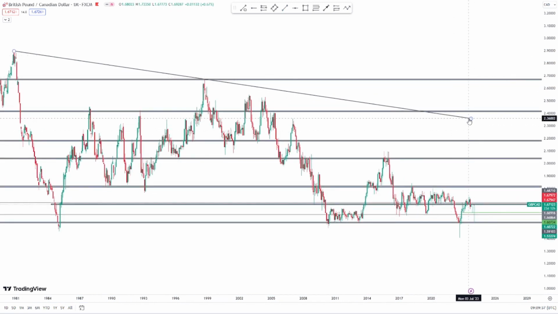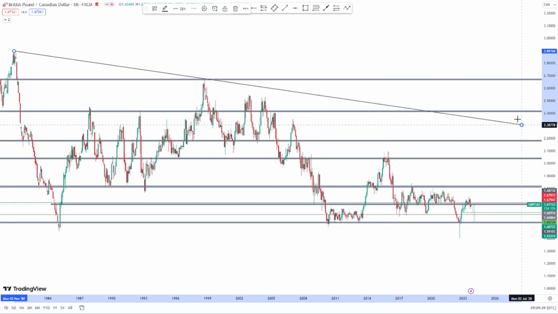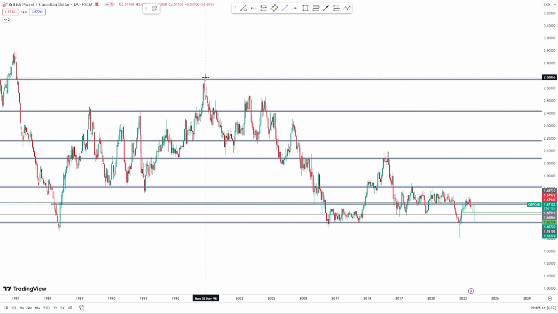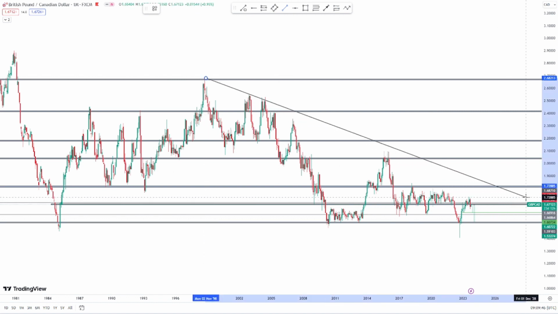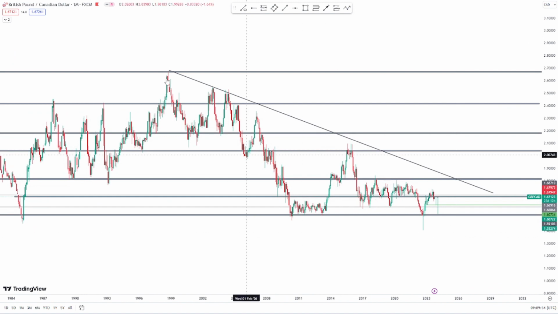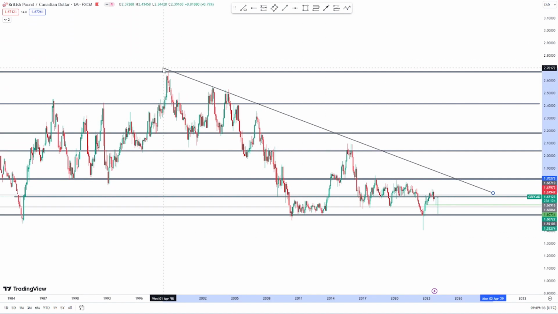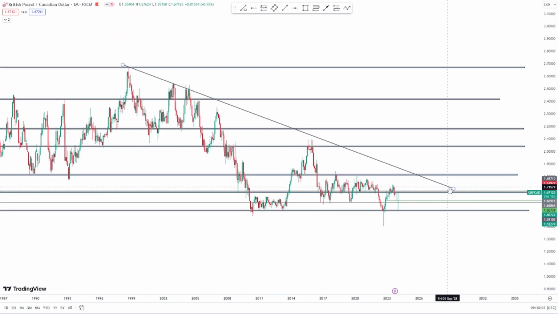The trend line is still far away from the monthly time frame, but we'll still have a chance to draw an inner trend line, which will be like this. It will be an inner trend line.